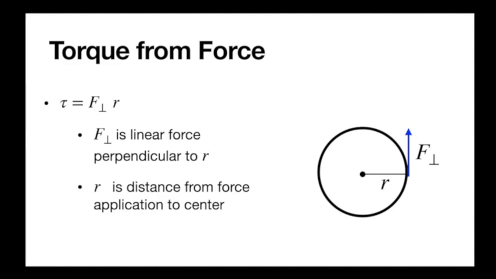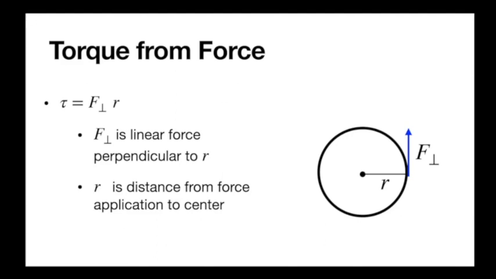So we can see here that, maybe obviously, increasing the force increases the torque. Here's a force that applies a torque. If I apply a larger force, I get a larger torque, a larger change in angular momentum. That's straightforward. But if I increase r, I also increase the torque.